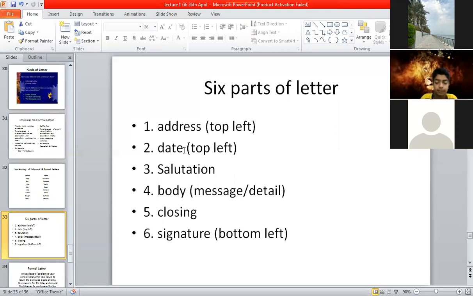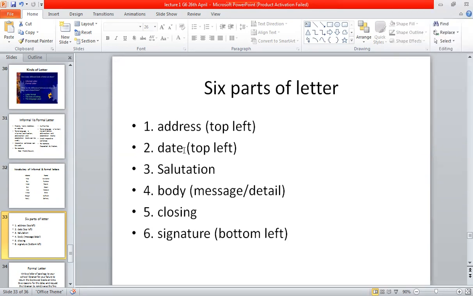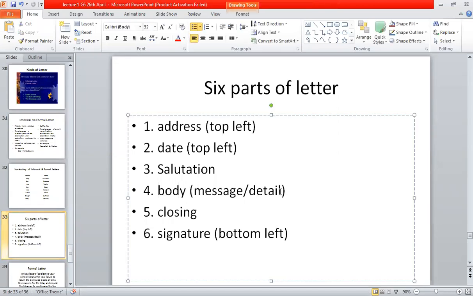Body is your main message. You have to tell the purpose of letter writing. Why are you writing the letter? So you will be writing your message here in the body part. And all the details related to your topic will be written here. Okay.